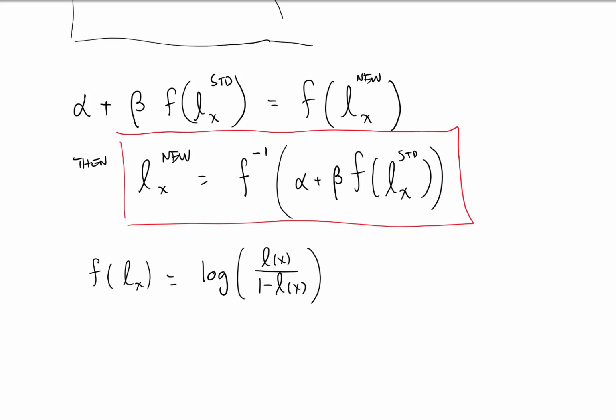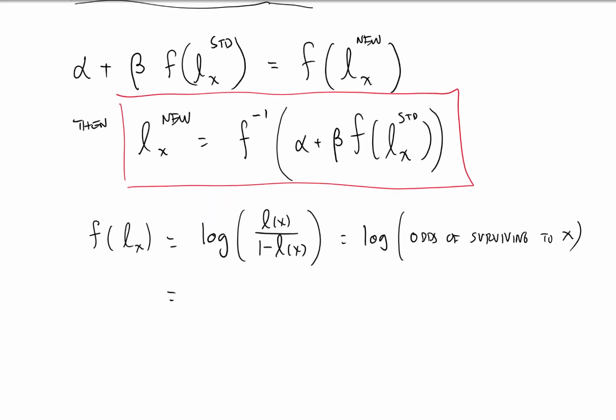And so this is the log odds, the log of the odds of surviving to x. And this is a very common function in mathematics, the log of the odds of something. So that's called the logit.